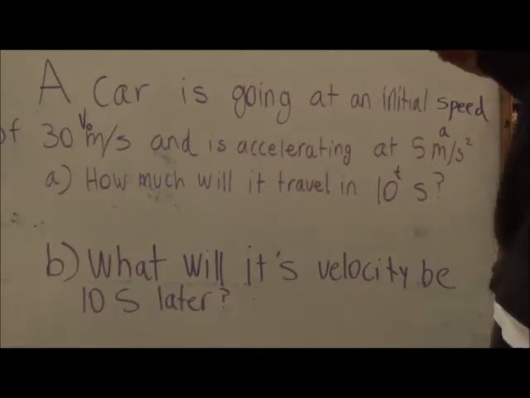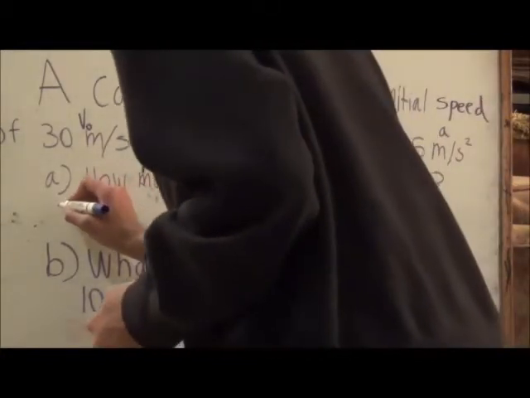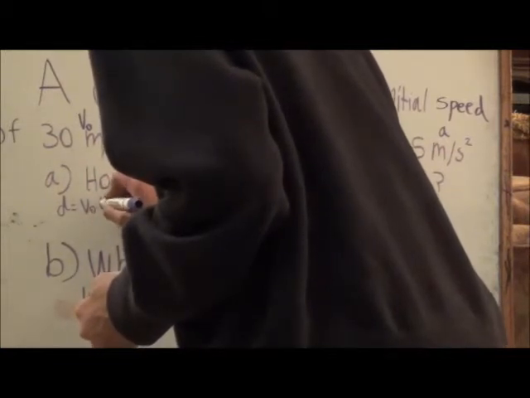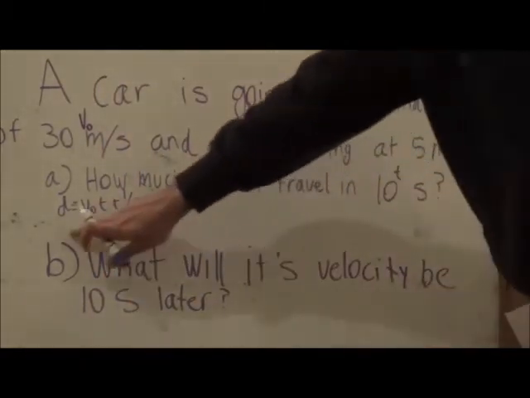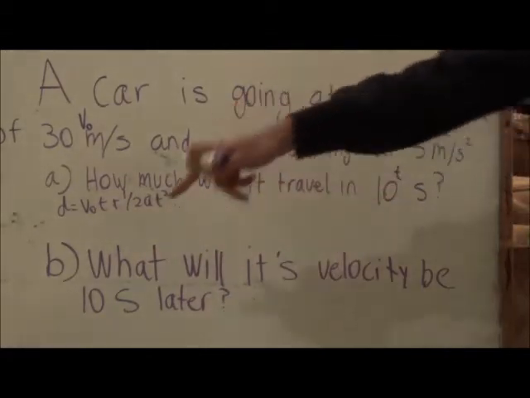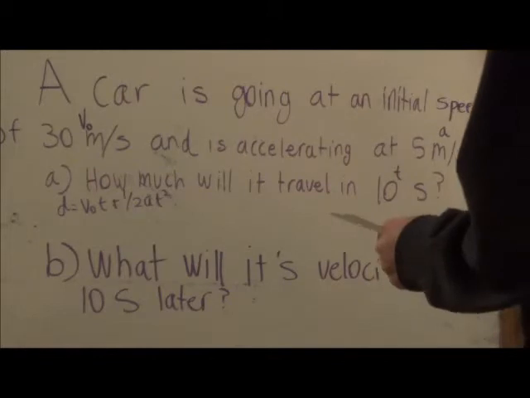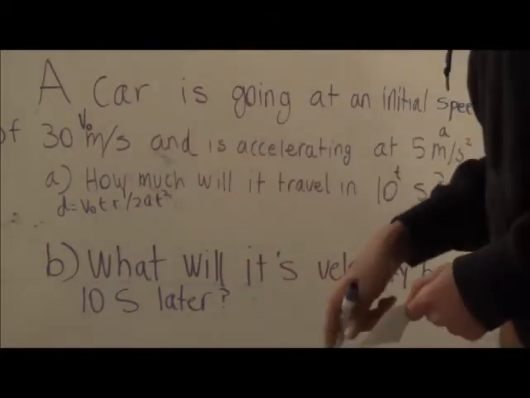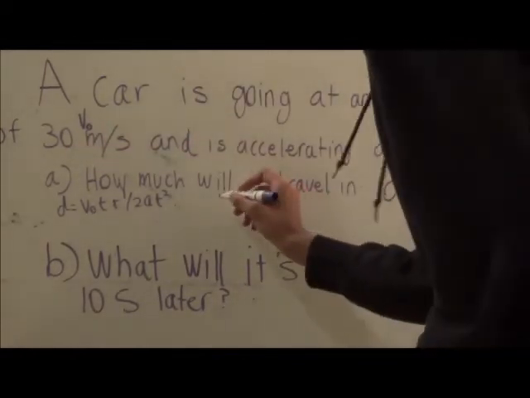Now, I will use D equal to VOT plus half AT squared. This is the equation that I'm going to use. Now you need to fill all this in. My original velocity VO is 30, so I'm going to plug that in.